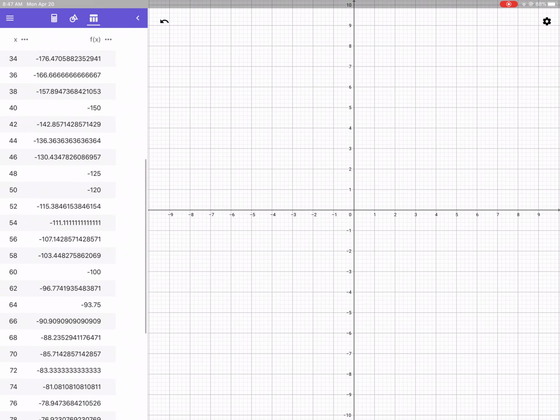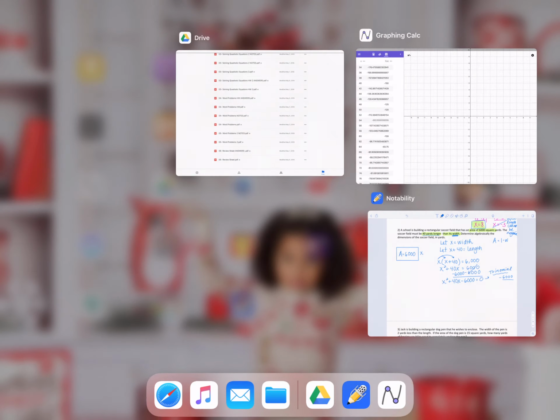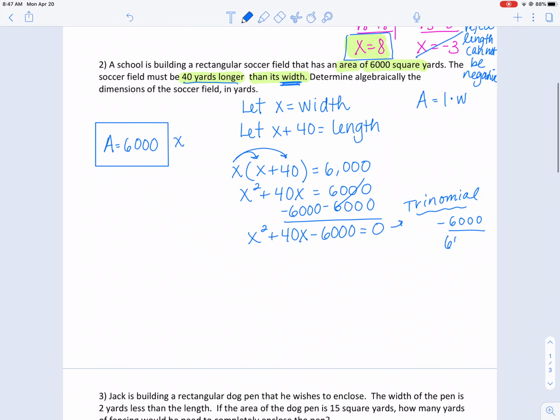Oh, look at this. 60 and negative 100. Okay, so I'm going to write those two numbers down. 60 and negative 100. If I added those together, they definitely multiply to negative 6,000. They add to negative 40. So if I flip the signs, negative 60 and positive 100, that's what I want. Those two multiply to negative 6,000, and they add to positive 40.